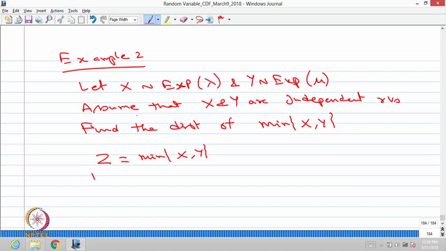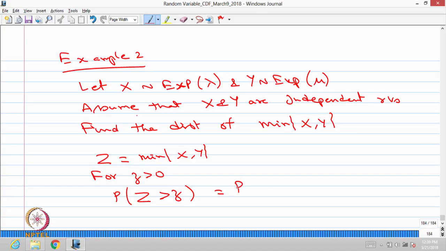Since it is a minimum, I will go for the complement CDF. That is, for z greater than 0, the probability that capital Z is greater than small z.